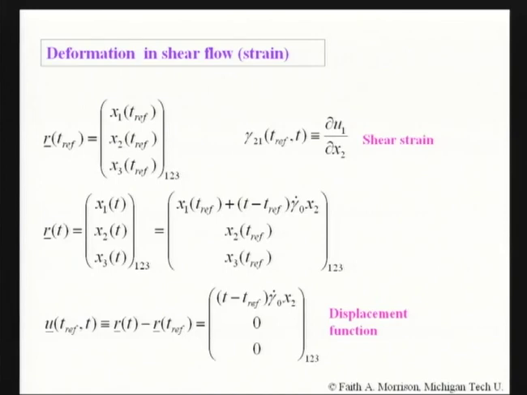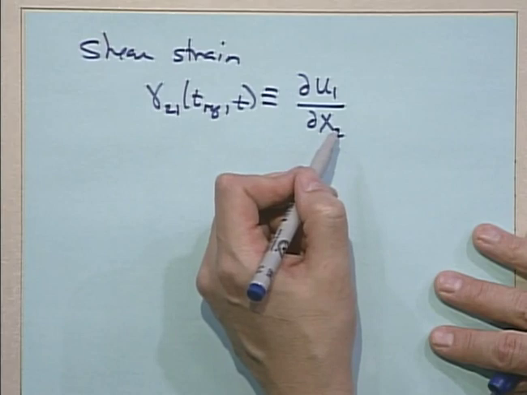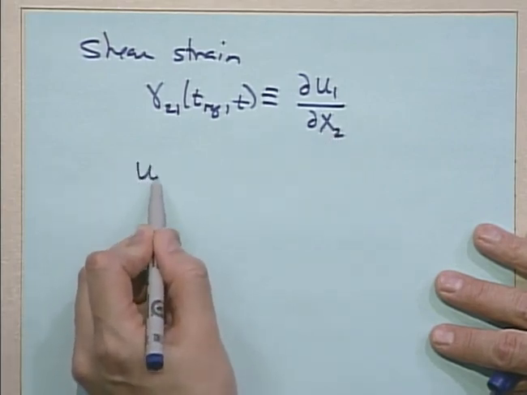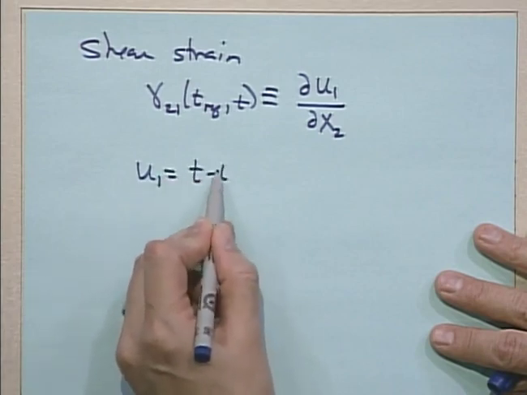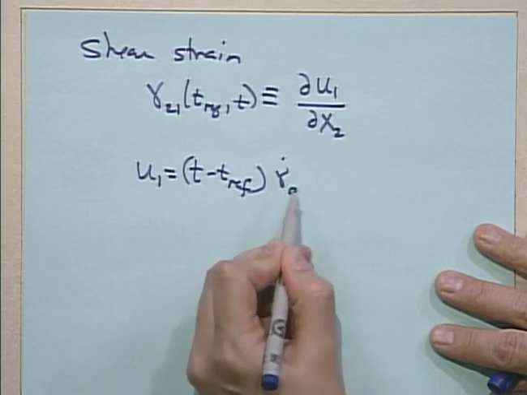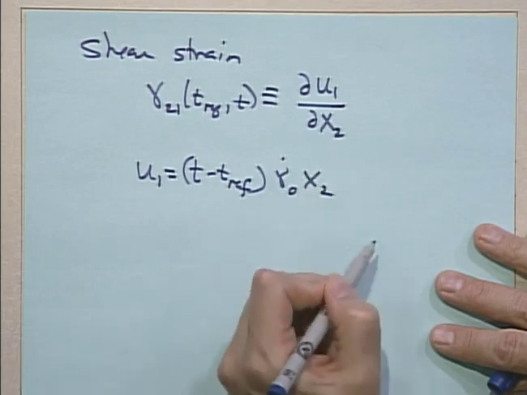So shear strain, gamma 2,1 between time t ref and t, is defined, triple equal, as the partial derivative of the 1 component of the displacement function with respect to the 2 direction. We've just derived that u1 equals t minus t ref times a constant, gamma dot naught, times x2.